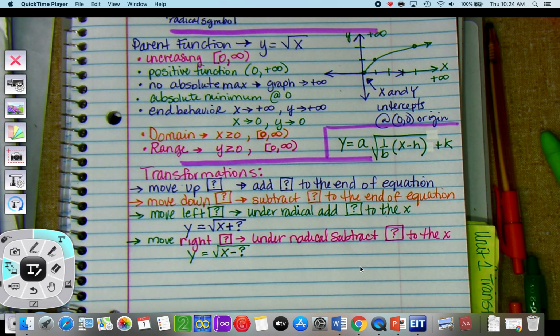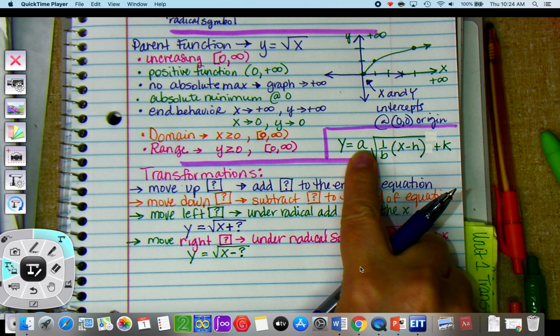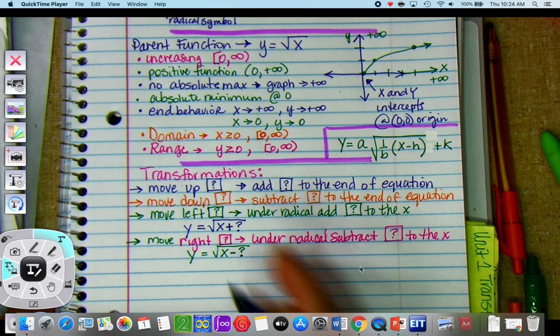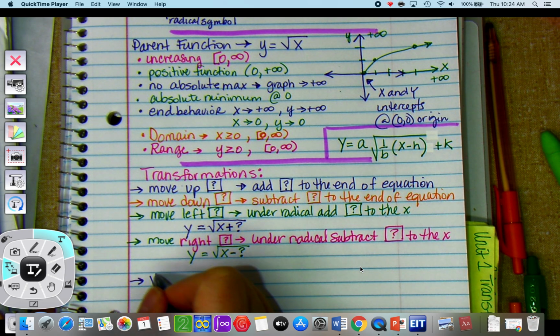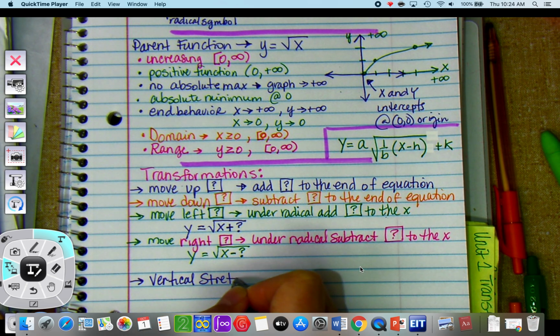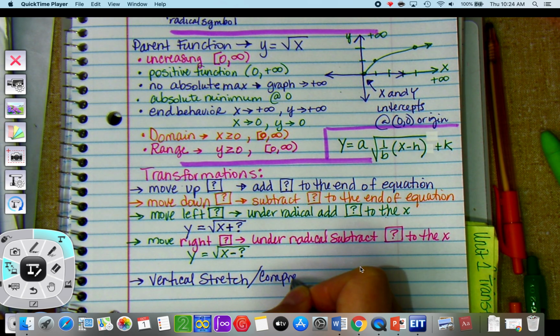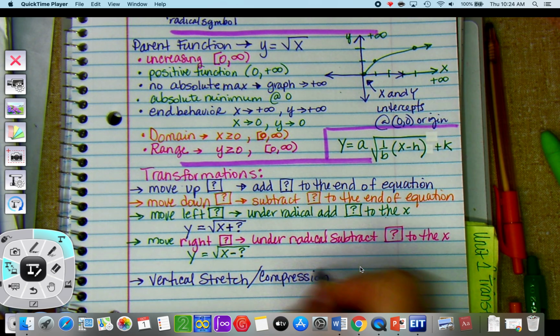All right, let's see. The leading coefficient determines your stretches and your compressions. So if I want to have a vertical stretch or compression, it would look like this.